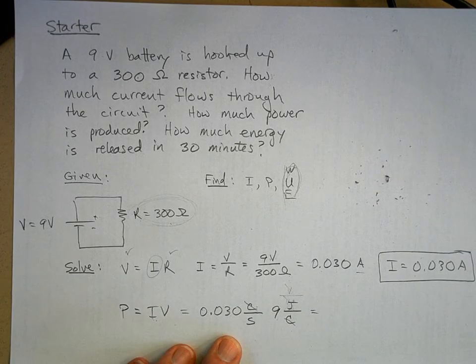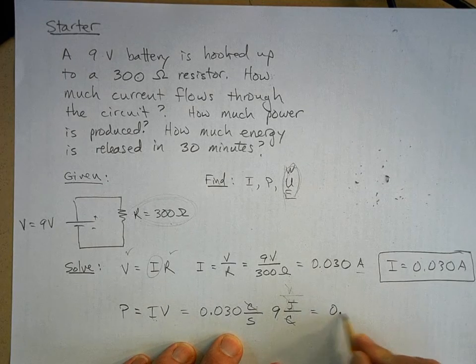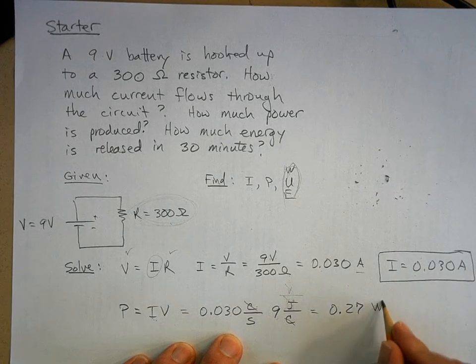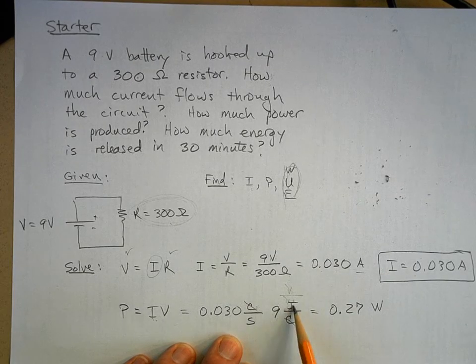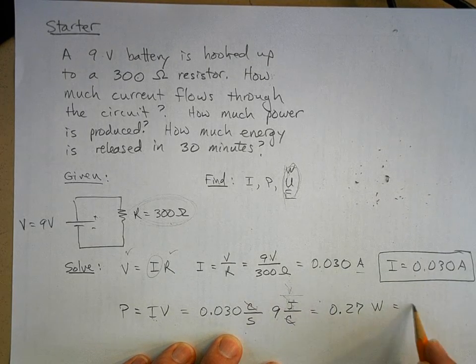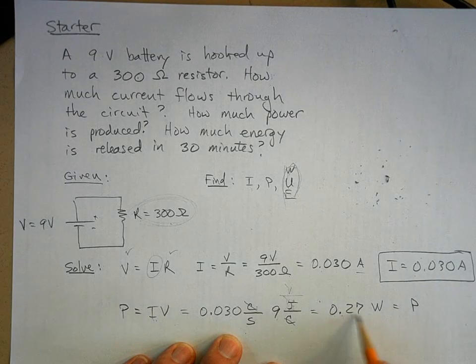So you have 0.03 times 9, and you get 0.27 watts. A joule per second is a watt. So the power is equal to 0.27 watts.